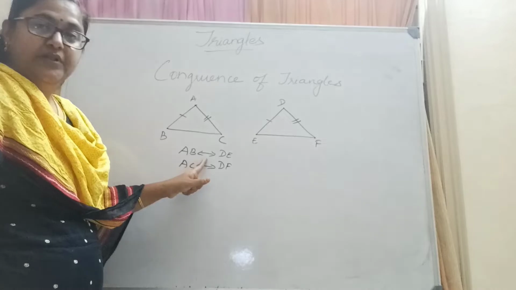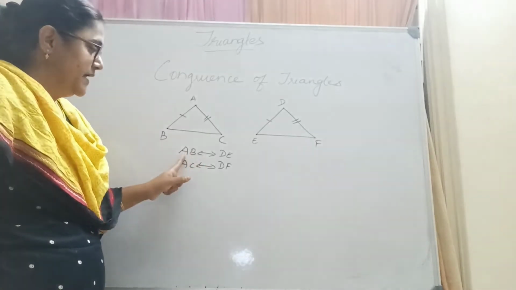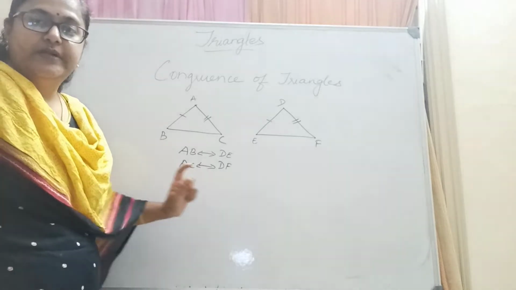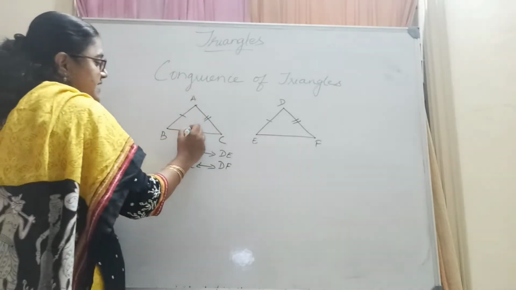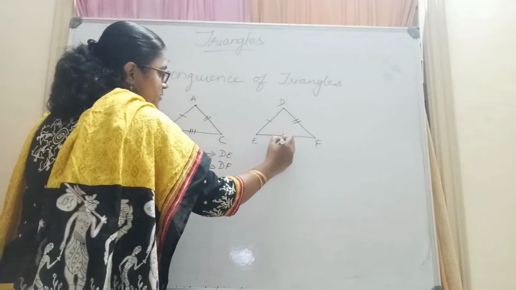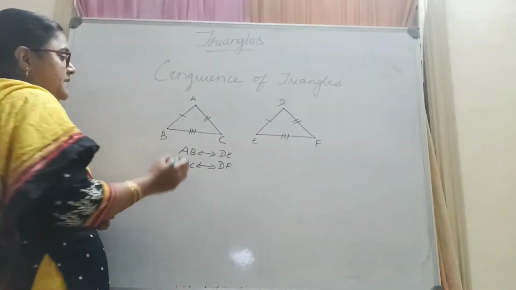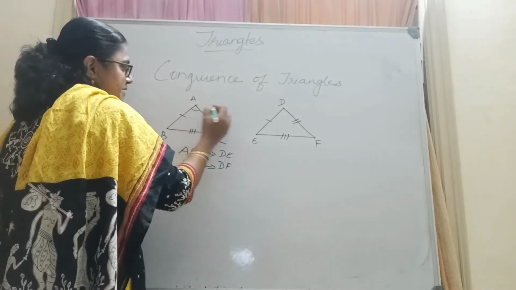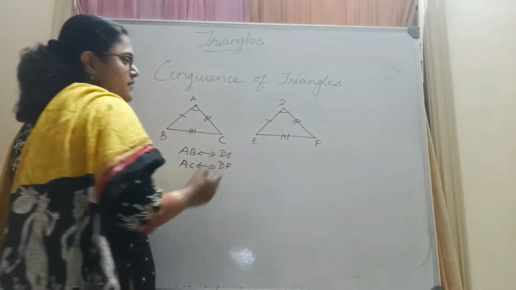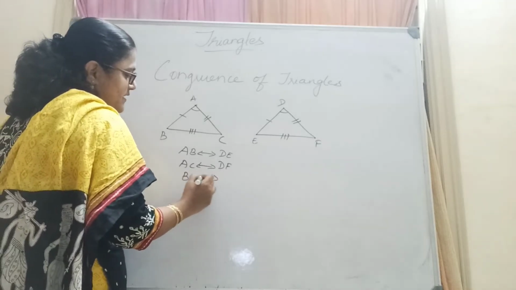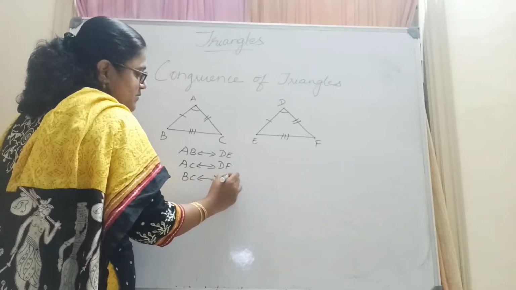This is how we write with double-headed arrow: AB corresponding to DE, AC corresponding to DF. Same way, side BC is corresponding to side EF. Okay. I have not written this. Let me write this. BC is corresponding to EF.